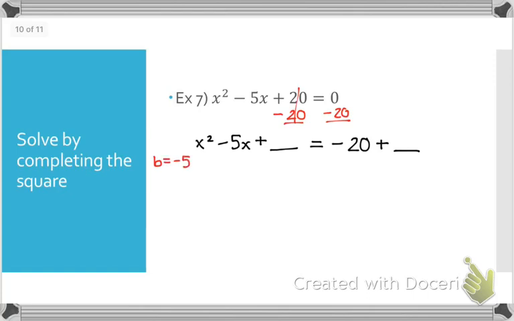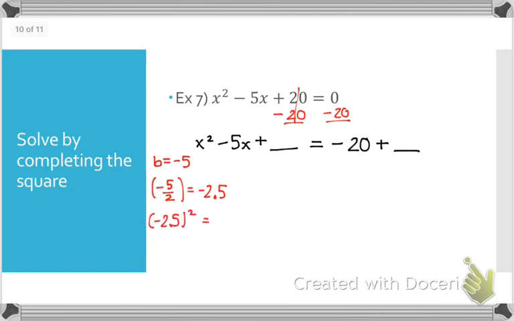So our b is negative 5. And what we're going to do with that is take negative 5 divided by 2, okay, which gives us negative 2.5.